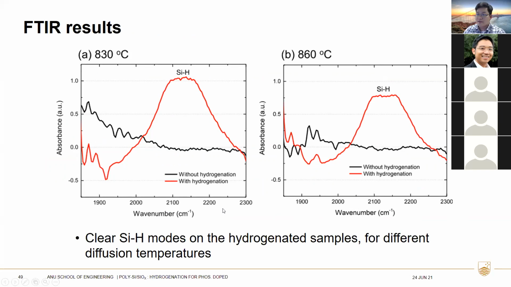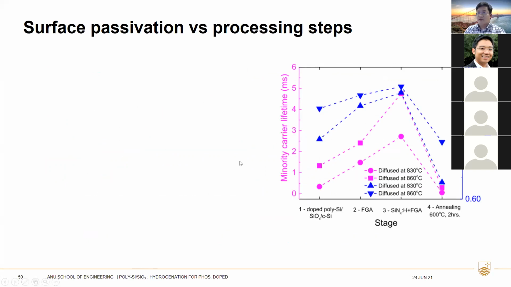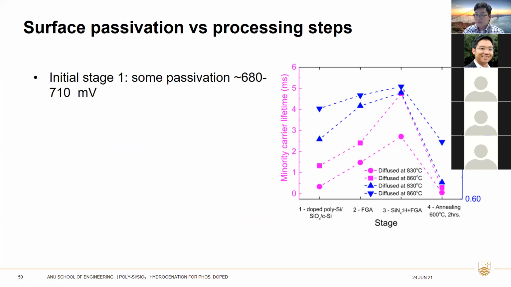Using the FTIR technique, we can track the silicon hydrogen stretching modes. In fact, here we see that at either diffusion temperature, there is a clear silicon hydrogen peak on the samples hydrogenated by silicon nitride. For the surface passivation with different processing steps, as you can see on the right figure here, at initial stage 1, we see some passivation with iVOC of around 680 to 710 millivolts and lifetime around 1 to 1.5 milliseconds.